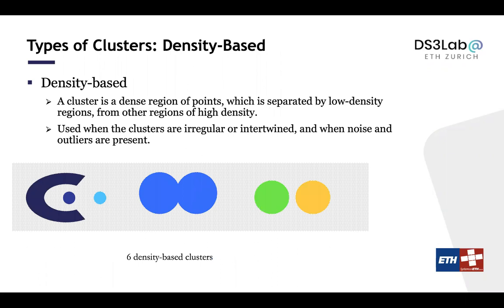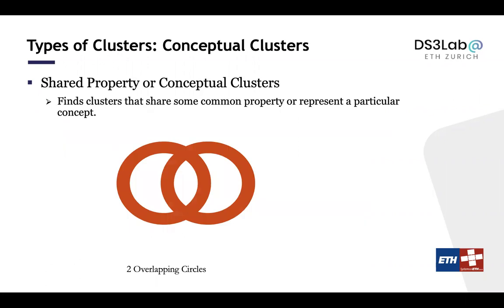You can have density-based clustering strategies. For example, you can define a cluster as a dense region of points, which is separated by low density regions from other regions of high density, right? So in this example, think about this: this could be one high density region, this is another one, this is another one. For different notions of clustering, you are going to have different results, okay?